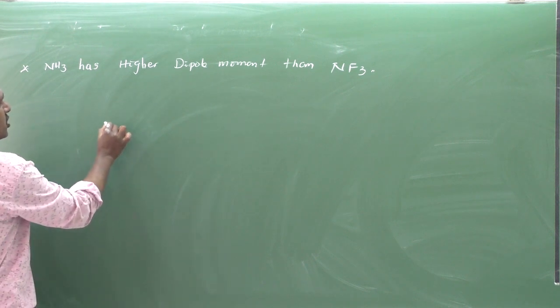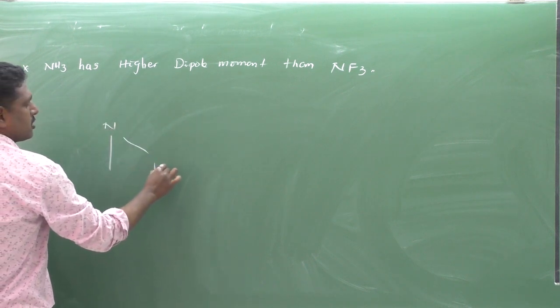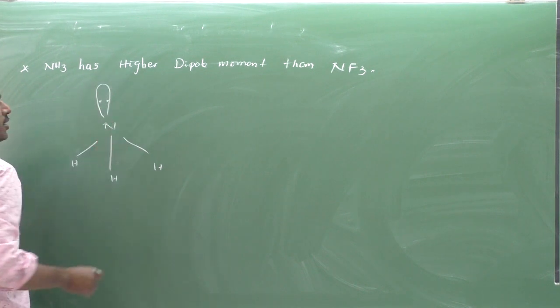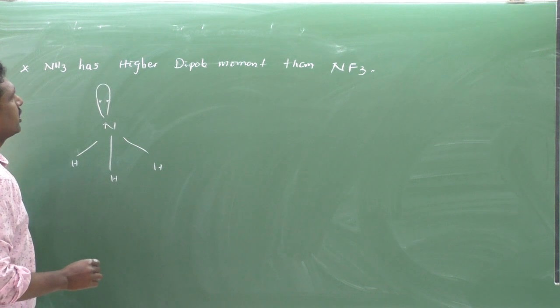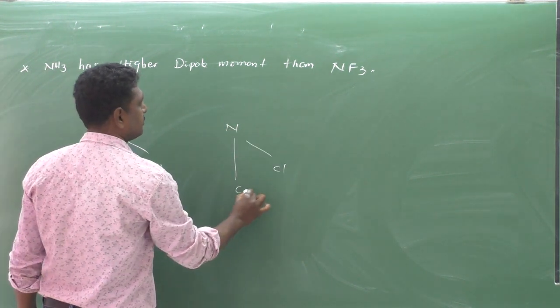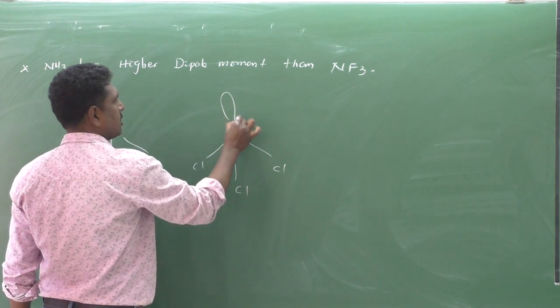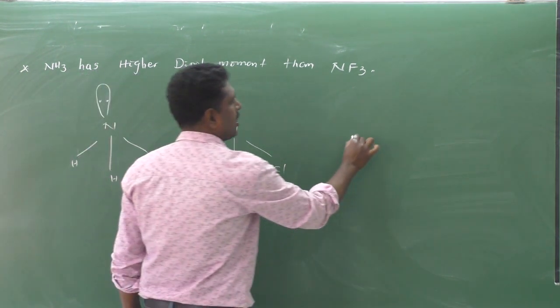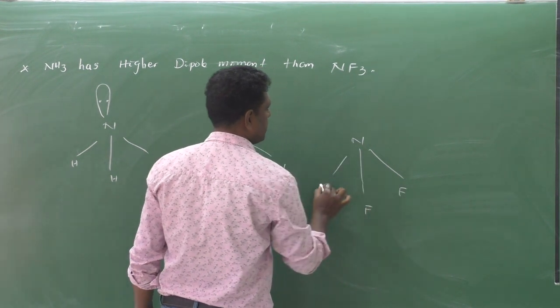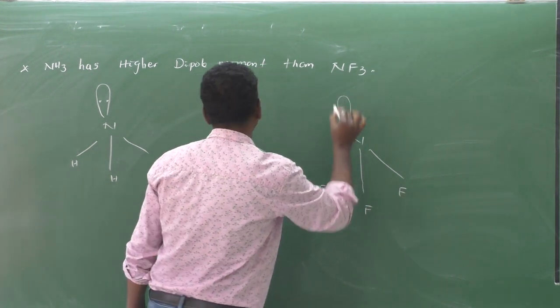When you observe the structure of NH3, so this is the structure of NH3. Next we will compare with NCl3, which we have also compared. And NF3, this is nitrogen trifluoride.